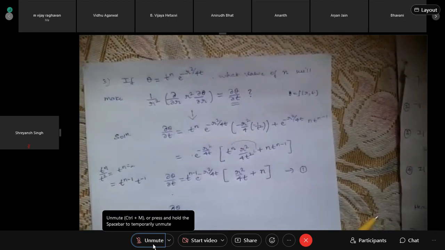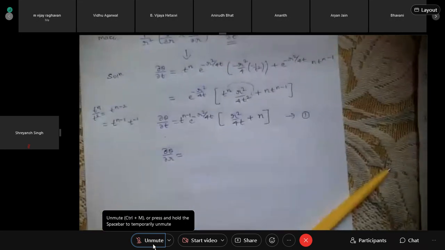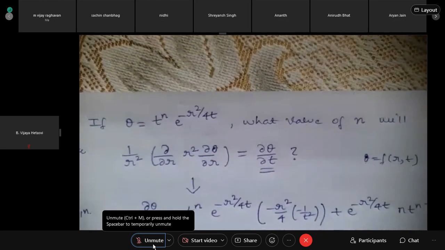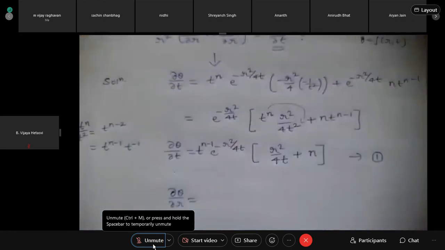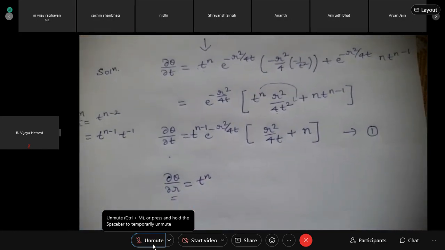We take t power n as constant. Do we take the product rule? No product rule, since t power n is constant when you are differentiating partially with respect to r, right?